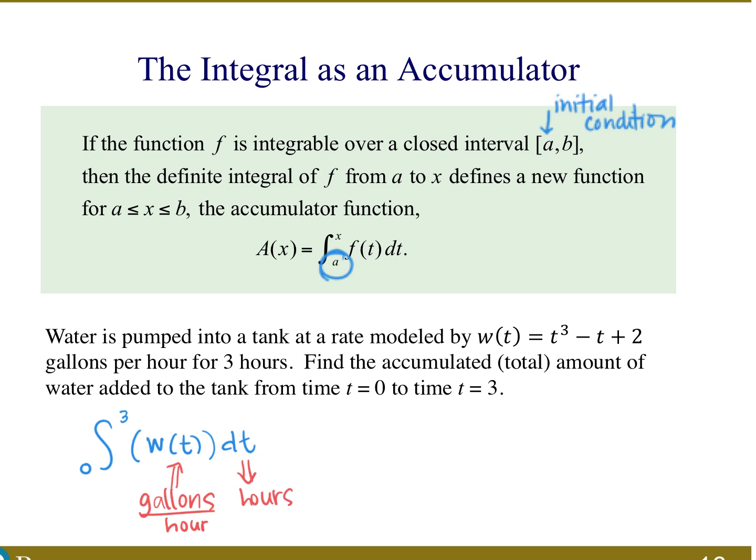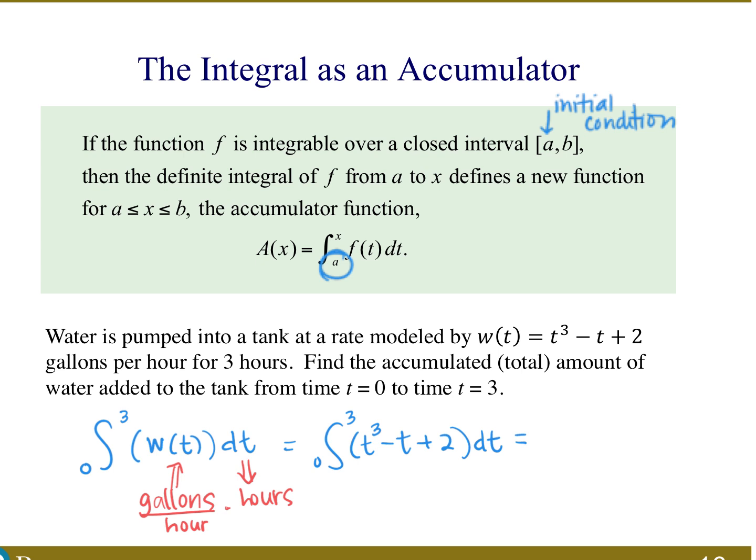So when you multiply gallons per hour times hours, the hours cancel each other out, and my answer is going to be in straight gallons. So then we would have the integral from 0 to 3 of the cubic, t cubed minus t plus 2, dt.